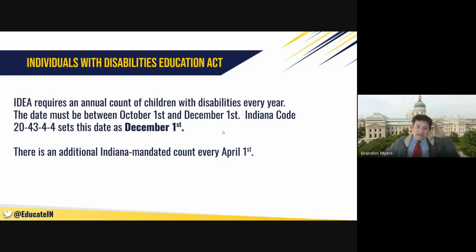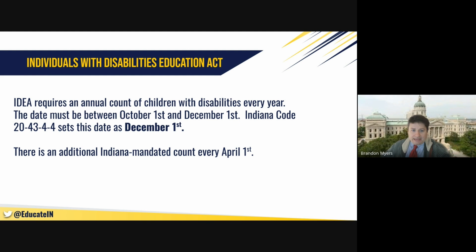The basics of the child count: it's called the child count even though it's not only children in it, because that is the name given to it by the federal government, going back almost 50 years to the creation of IDEA in its first form in 1975. IDEA requires an annual count of children with disabilities every year.